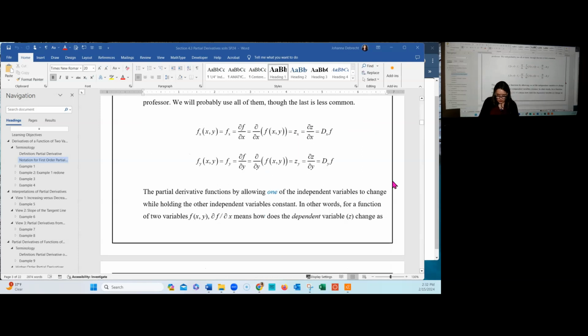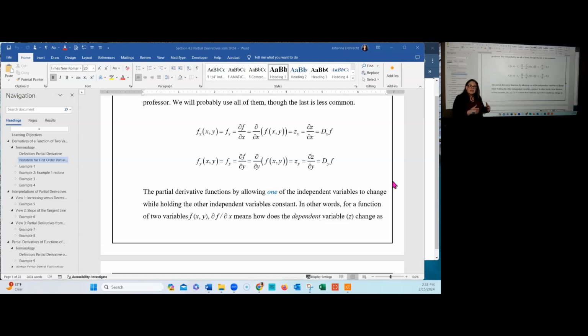Now, how does the partial derivative operate? What makes it work? The reason that it's parallel to one of the axes is because you're holding all the other independent variables constant. So you're treating the y value like a constant when you're taking the partial derivative with respect to x. When you're taking the partial derivative with respect to y, you hold the x constant.